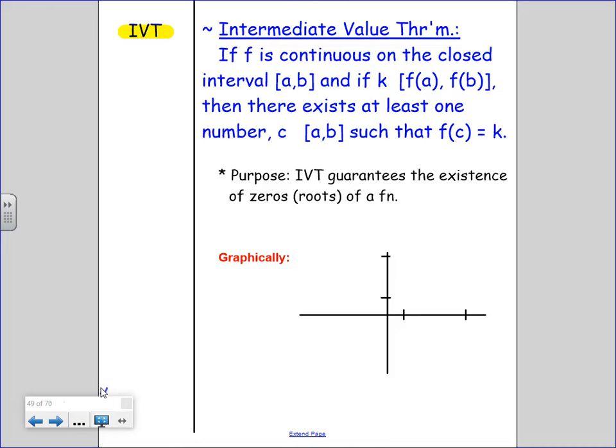Intermediate value theorem. I need to put in a little e. Do you guys see? Oh, two little e's. I need a little e right here, a little e right here.